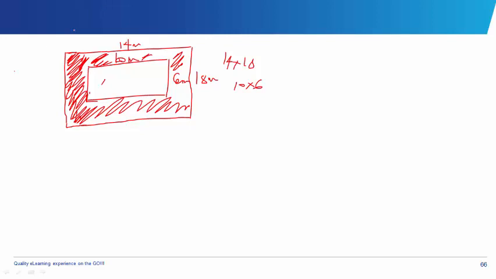Okay, now let's look at other objects. And this is a cuboid. So a cuboid, we already discussed that before. How a cuboid is something like this, like a matchbox.